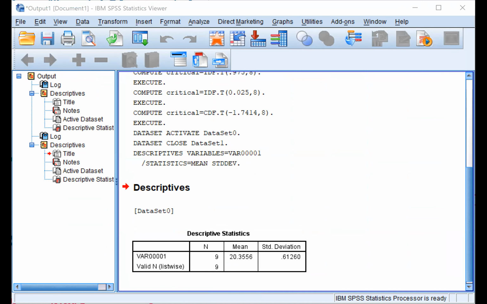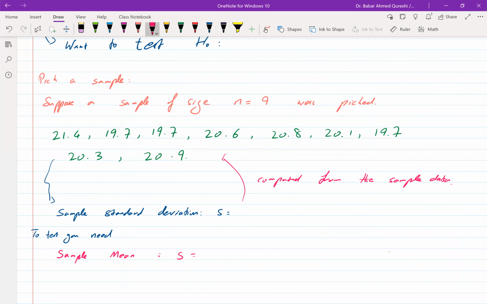So let's note it down. The mean is 20.3556 and the standard deviation is 0.6126.